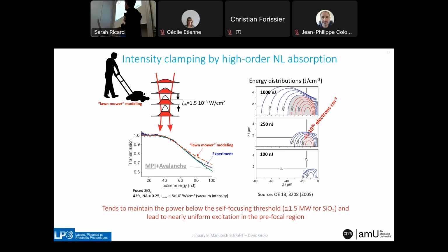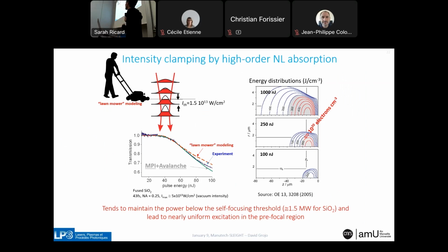So I return to my first very simple experiment, transmission of light as a function of energy: 100% transmission because it's a transparent material, and then it drops because I measure nonlinear absorption. What I want to show there is how well I can describe this drop.